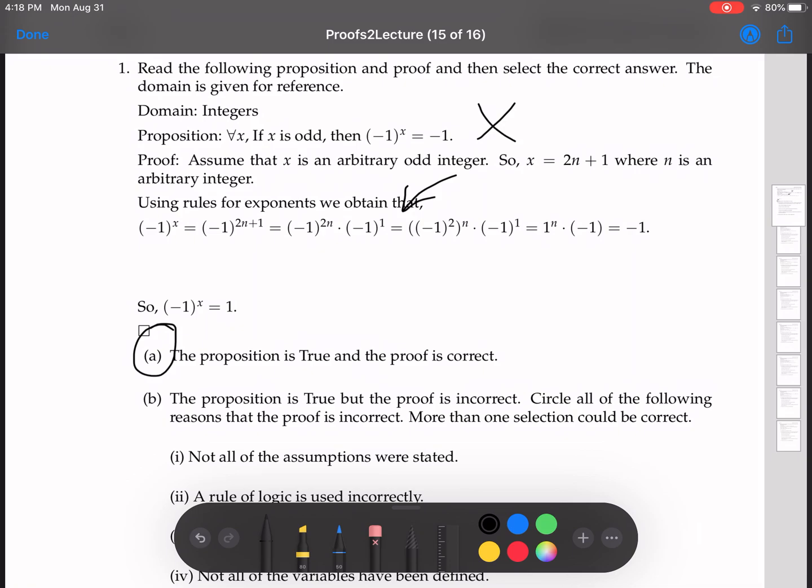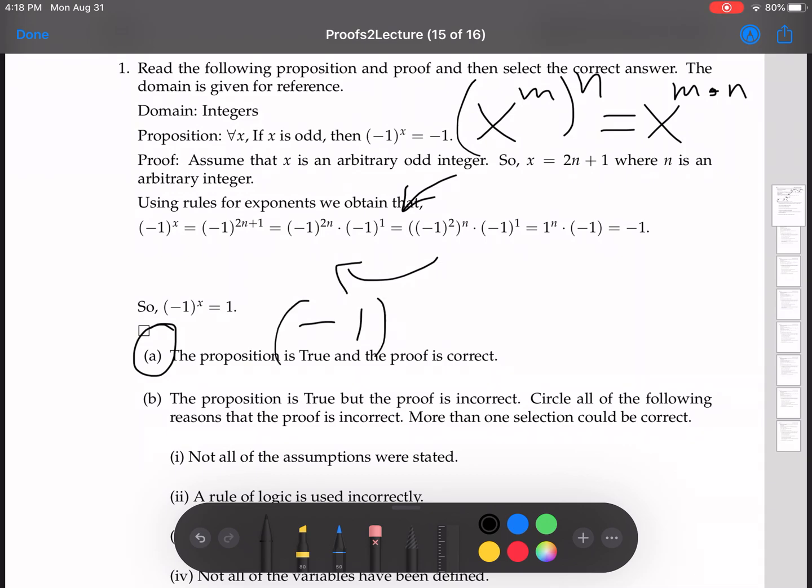If you have x to the m to the n, that's equal to x to the m times n. So here, if you think about going back this direction, -1 squared raised to the n power is -1 to the 2 times n. Okay, so that's what we did there.